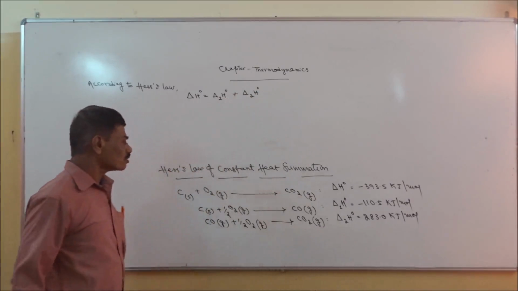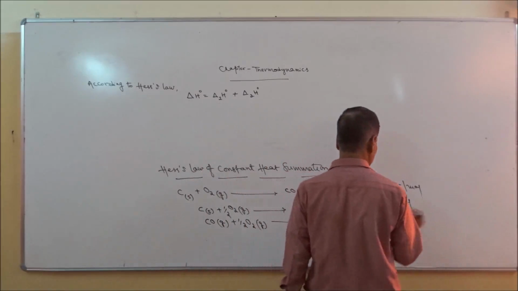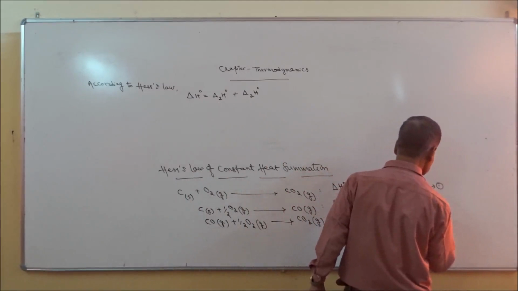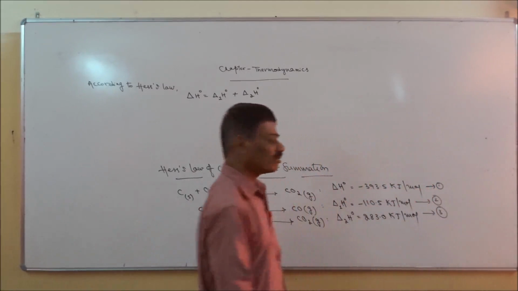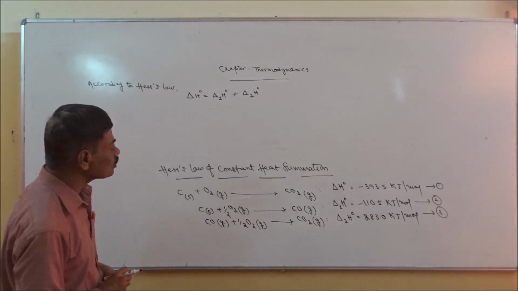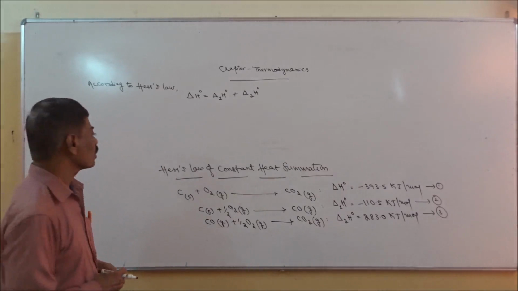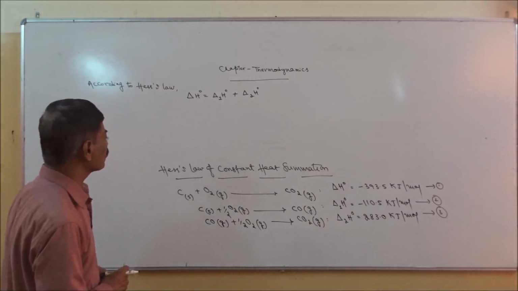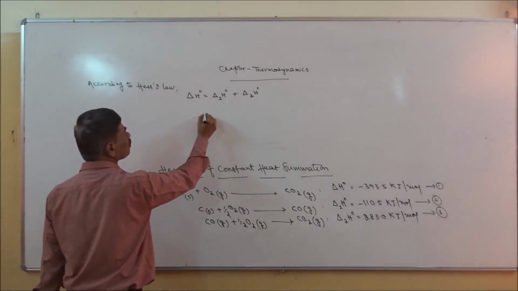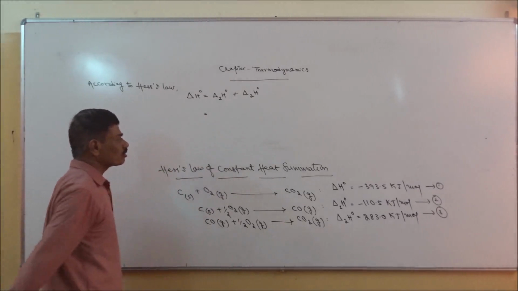Right? So let this be equation number 1, this is equation number 2, equation number 3, that way. So here we are clubbing equation number 2 and 3. So delta H naught value is equal to minus 393.5 kilojoules.